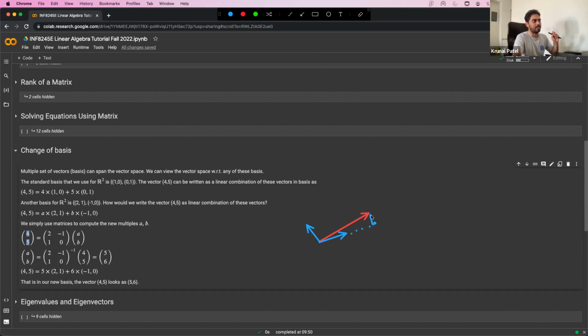One grid line is parallel to this, and the other grid line is parallel to this. So these are my new coordinates of this vector. That's what we are trying to find out, right? So this is the equation type of representation of this same problem that we are trying to find.